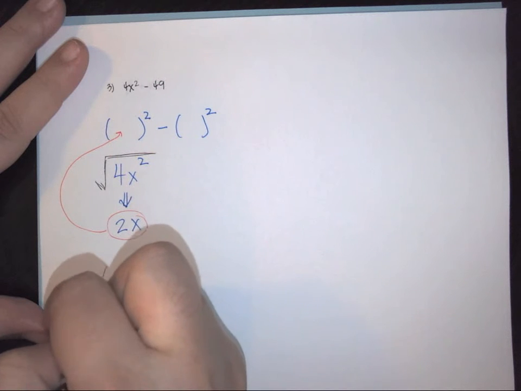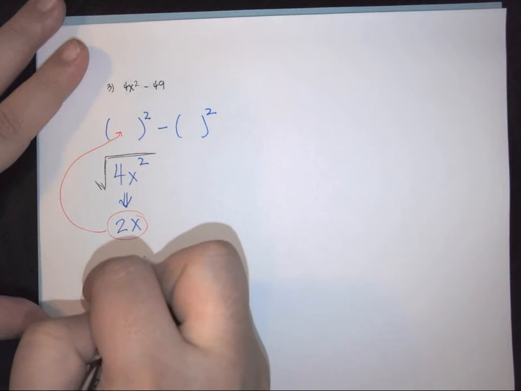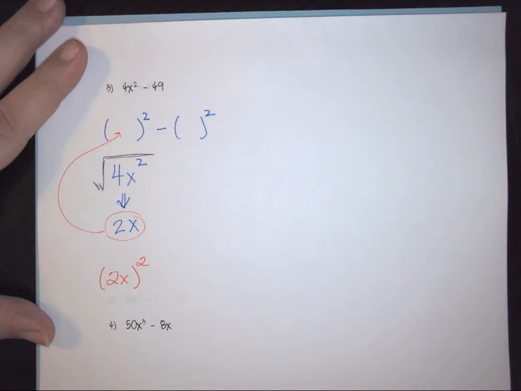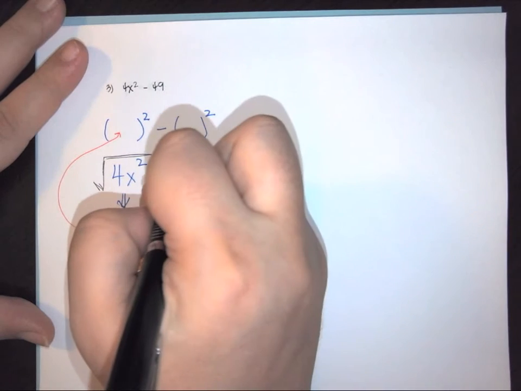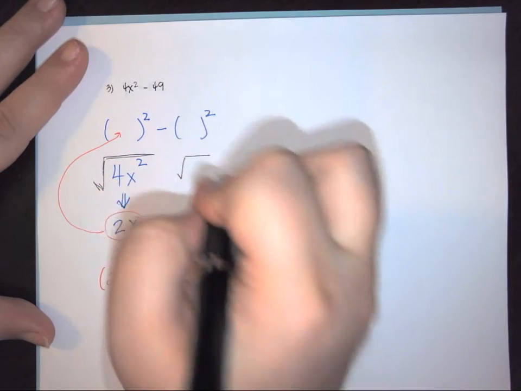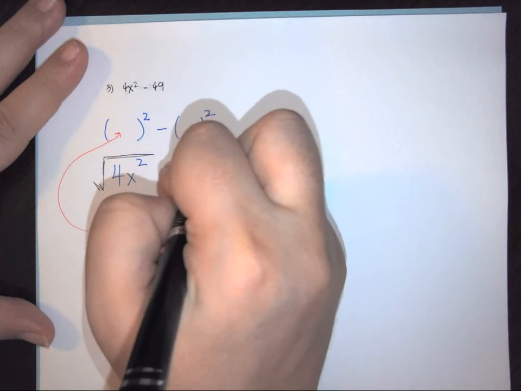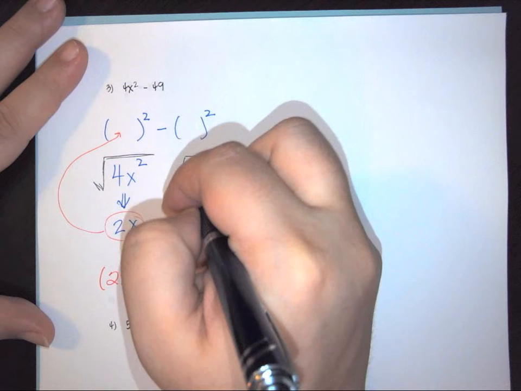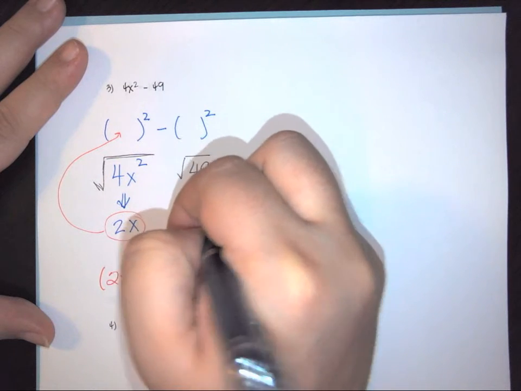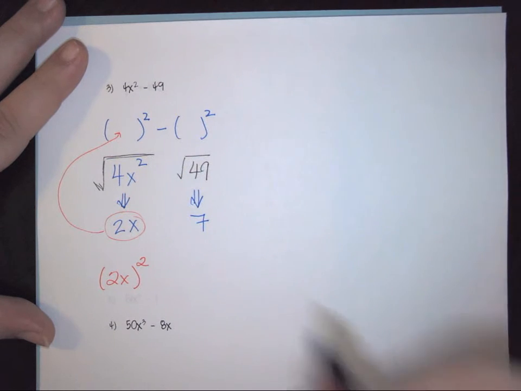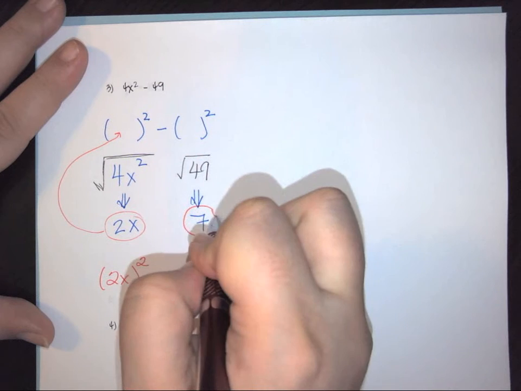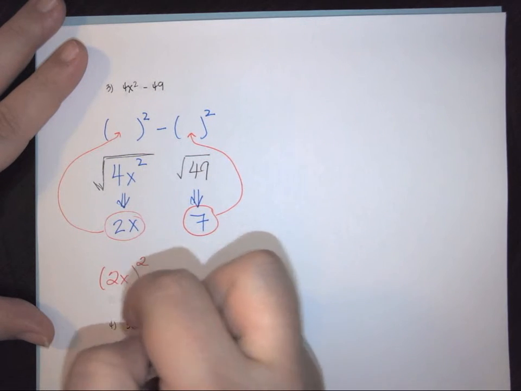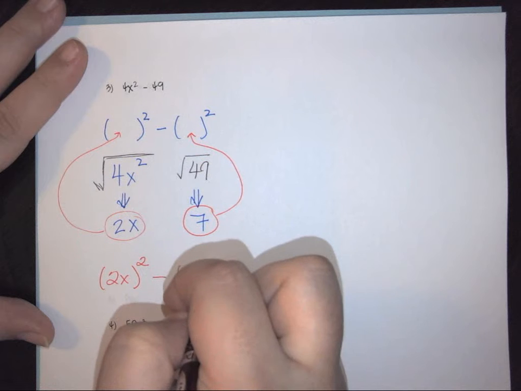So I have 2x squared. Now I need to fill in the rest. This says I have to take the square root of 49, which is going to give me 7. Just like before, this 7 now fits into the second part. So this is going to say minus 7 squared.